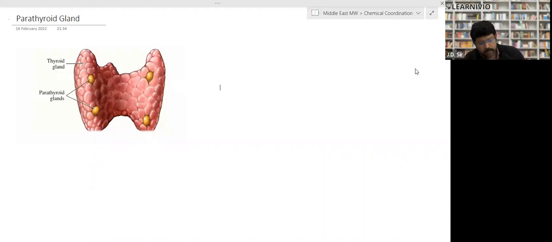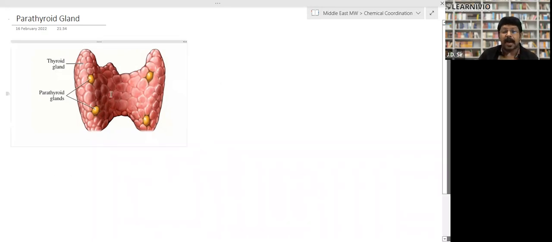This is located on the posterior surface of the thyroid gland. Suppose this red one is the thyroid gland; behind it there are 4 small button-like glands, called parathyroid glands. So they are found just behind the thyroid gland.